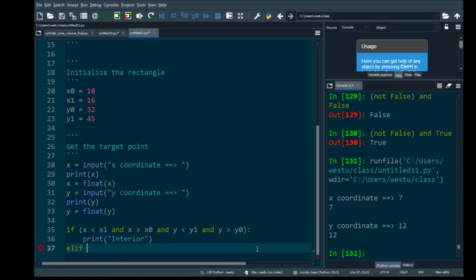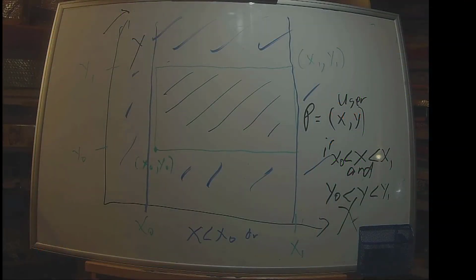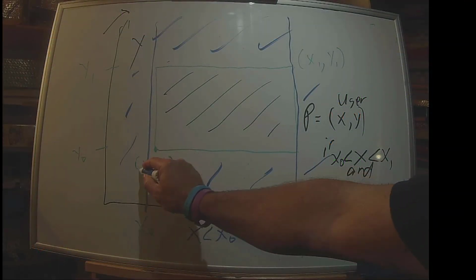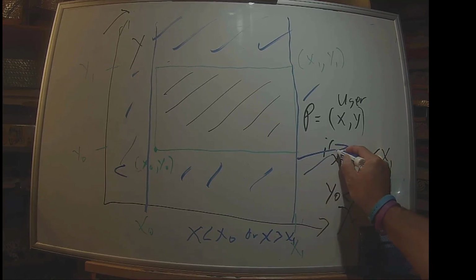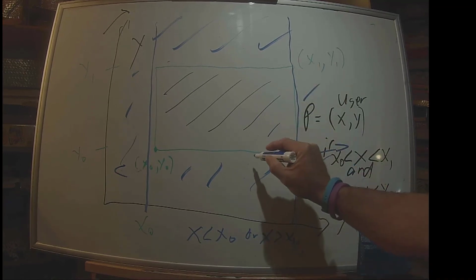If x is greater than x1, then we're out here. Thank you. That's what happens when we run out of time, we get excited. So if x is less than x0, then we're out here. If x is greater than x1, then we're out here. And similarly with y.